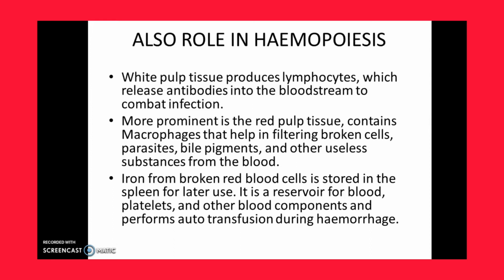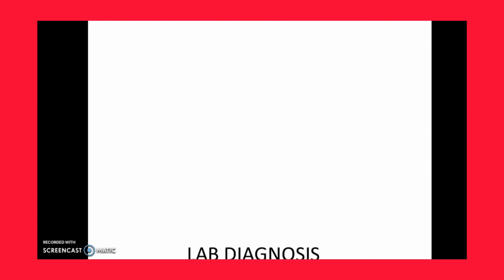It performs the role of reservoir for blood platelets and other blood components, and performs auto-transfusion during hemorrhage. When there is serious hemorrhage, the platelets that are stored, the packed blood cells that are stored, are now poured into the bloodstream.